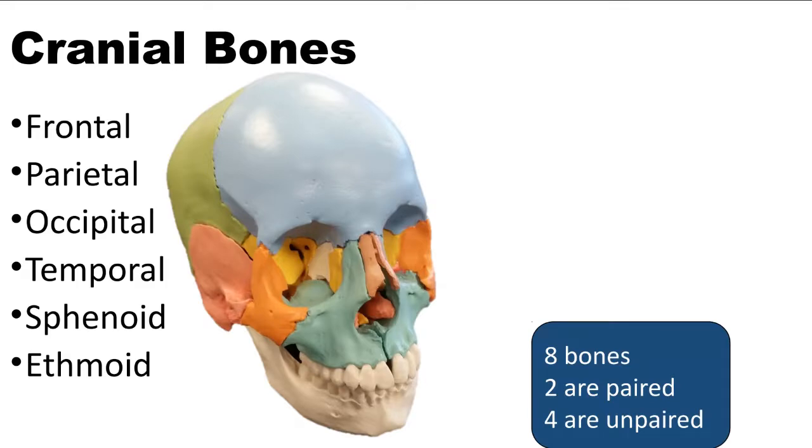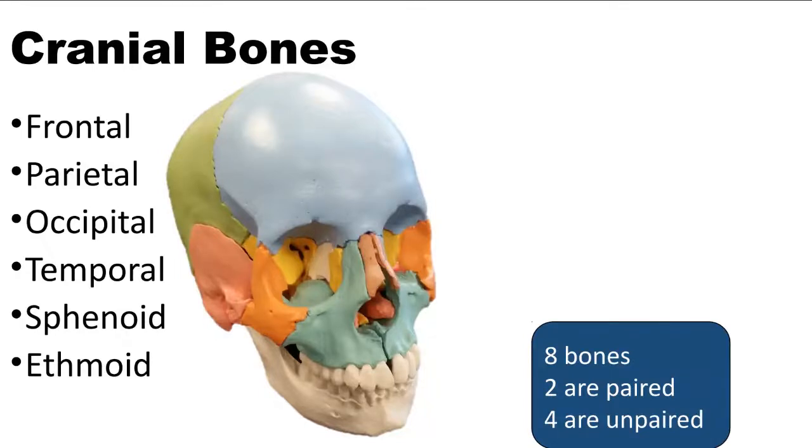The cranial bones. There are 8 bones that make up the cranium. Two of those bones are paired. The names are 6. In other words, the frontal bone, the parietal bone has 2.